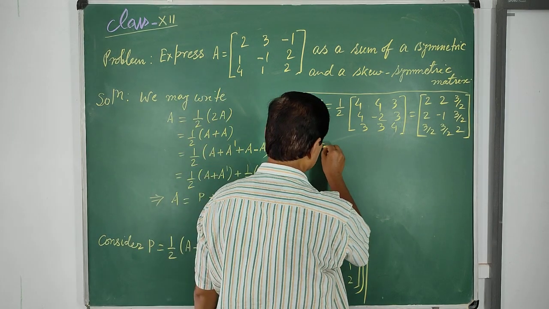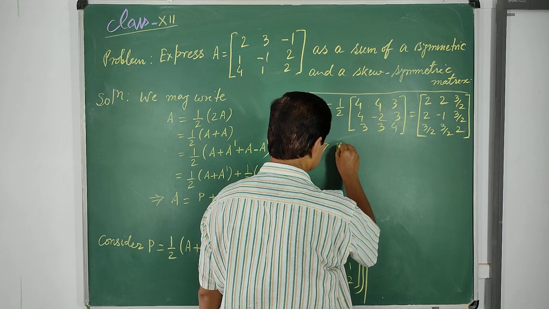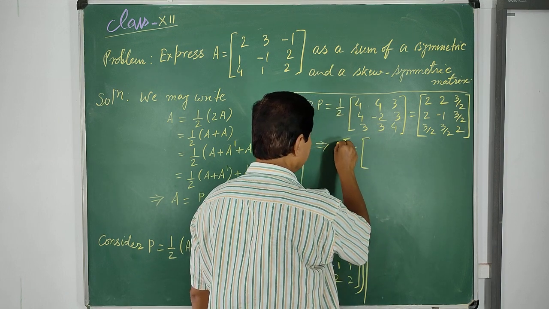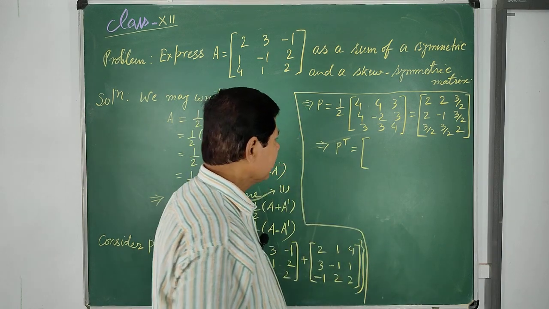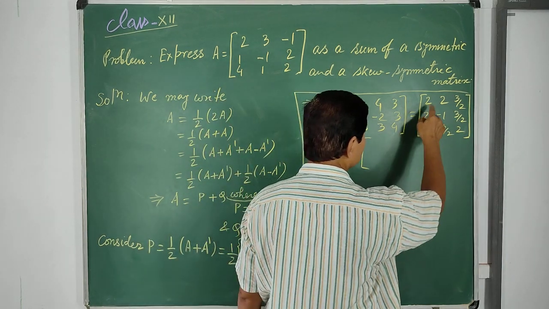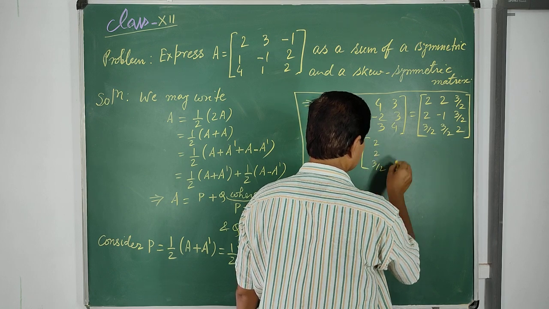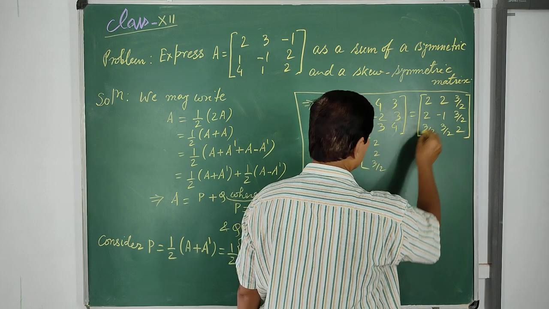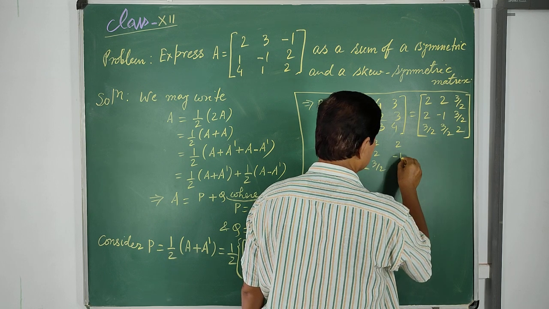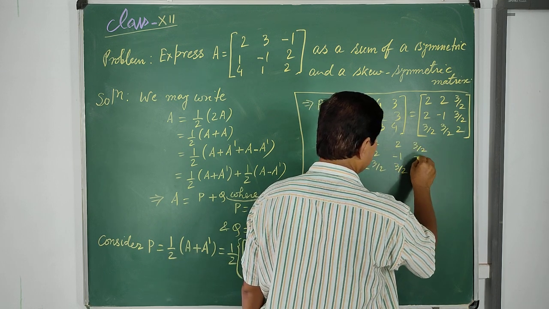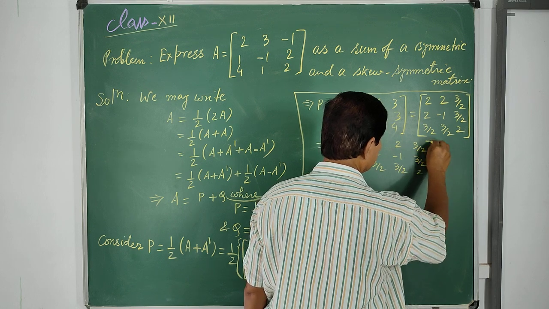So find out that P dash, you have to show. This implies P dash, or PT you can write, the transpose of P is taken. So 2, 2, 3 by 2, 2, 2, 3 by 2, 2, minus 1, 3 by 2, 3 by 2, 3 by 2, 2.